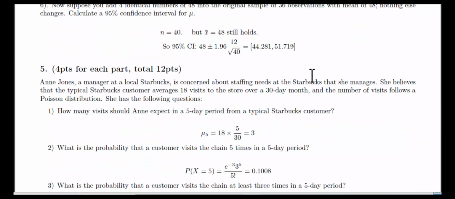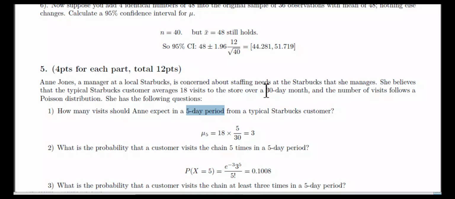For the last question, number 5, this is about the Poisson distribution. We have to be very careful here. For this 30-day month, the average number of visits is 18, so this is a Poisson distribution with an average of 18. How about the 5-day period?